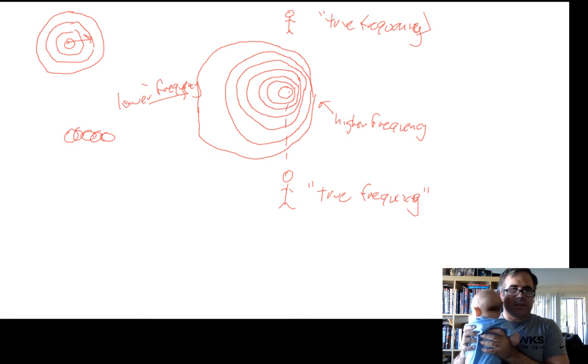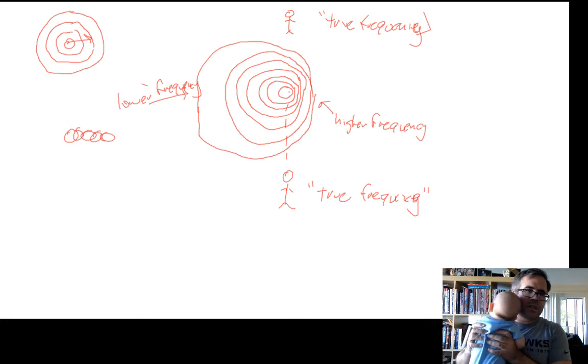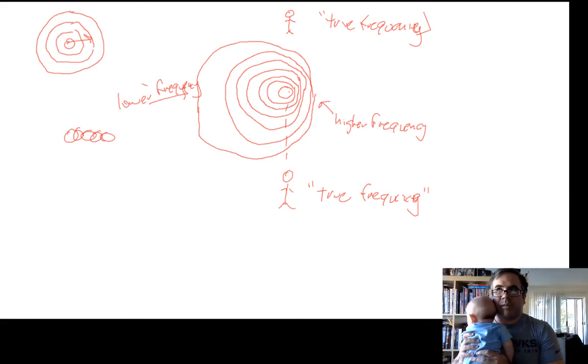It's kind of like a wave thing. I'm sure there are fancy formulas for calculating how much the frequency is shifted. Let's see if we can do this.